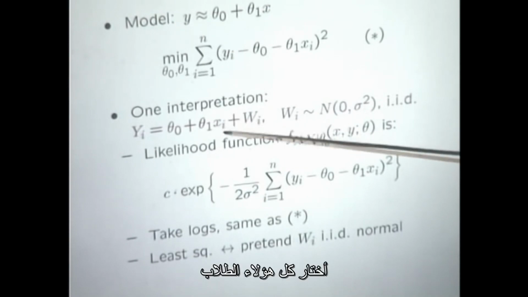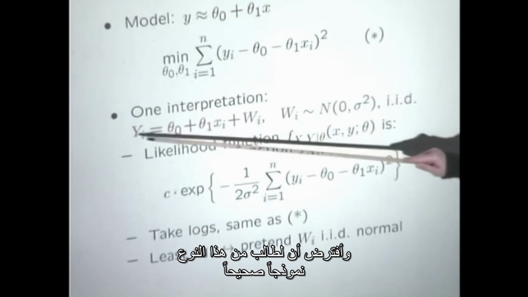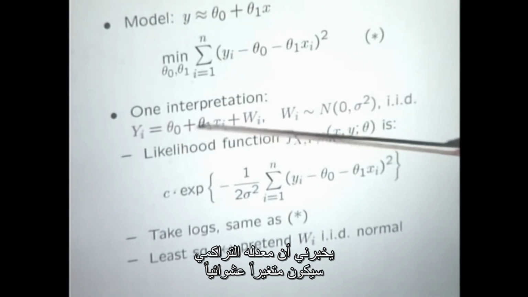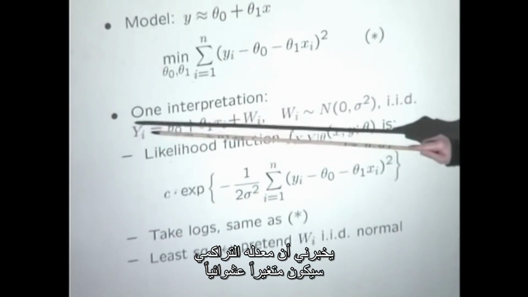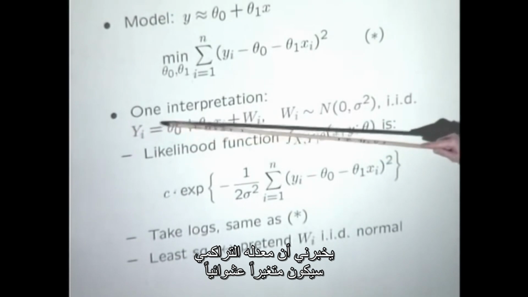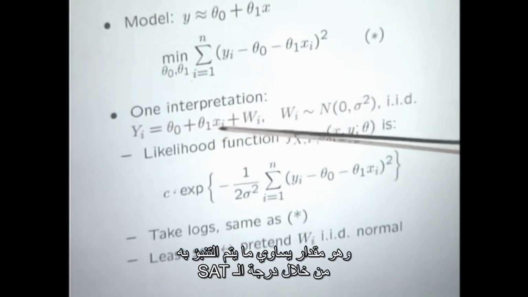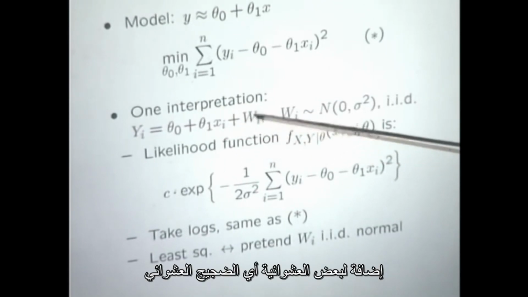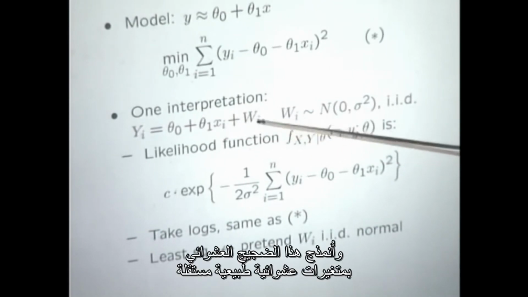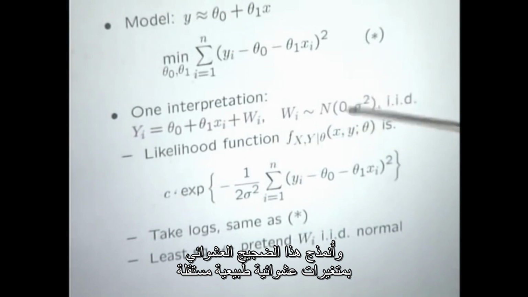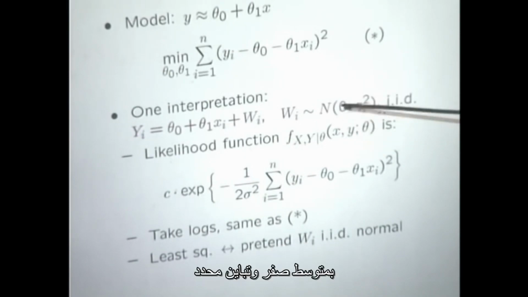I pick all those students, and I assume that for a student of this kind, there's a true model that tells me that their GPA is going to be a random variable, which is something predicted by their SAT score plus some randomness, some random noise. And I model that random noise by independent normal random variables with zero mean and a certain variance.